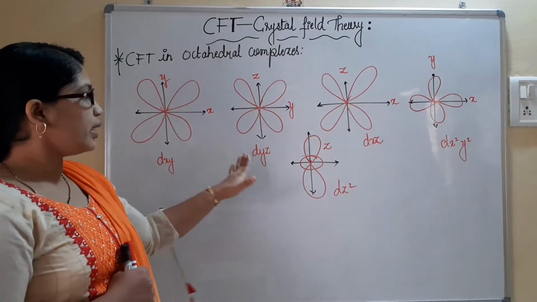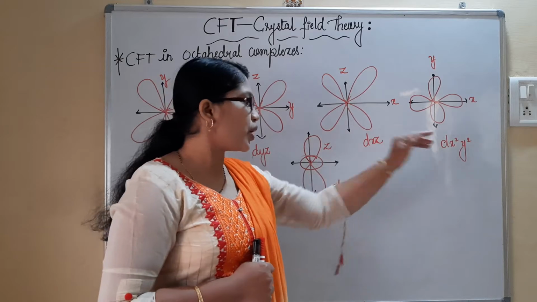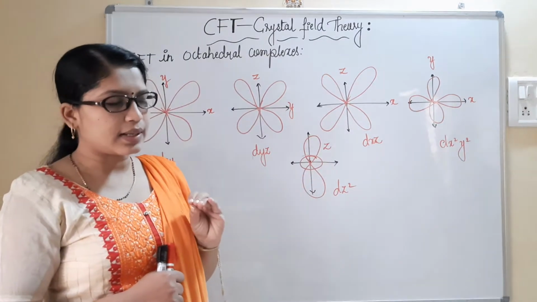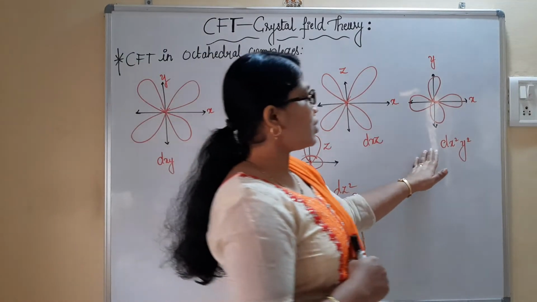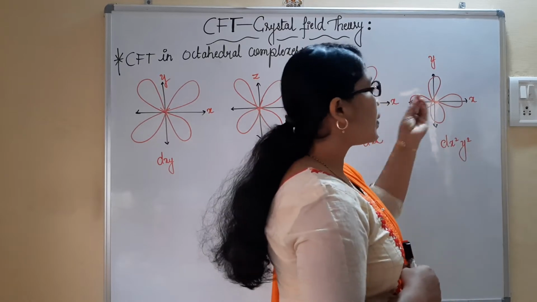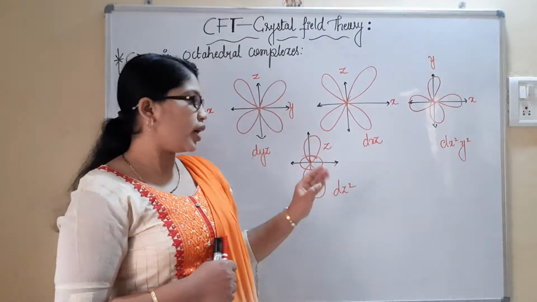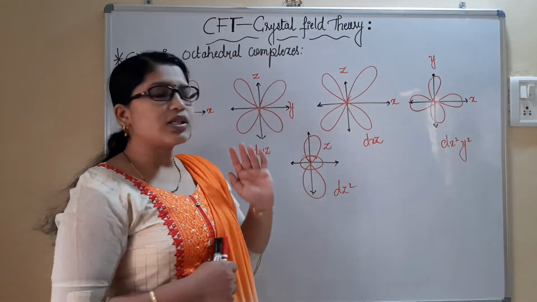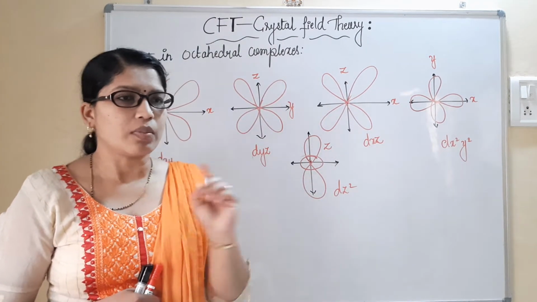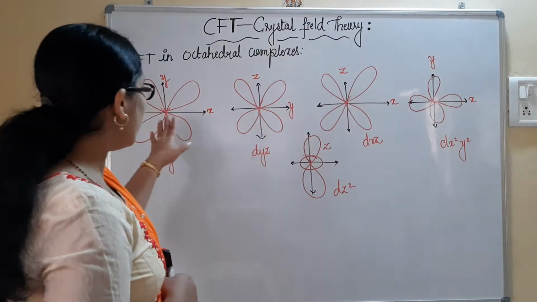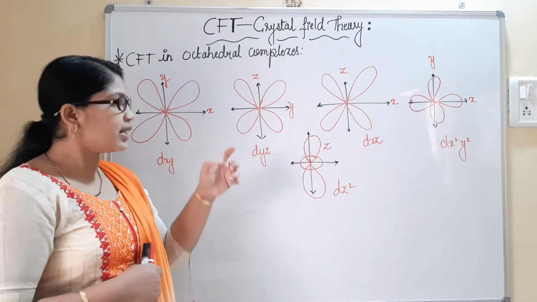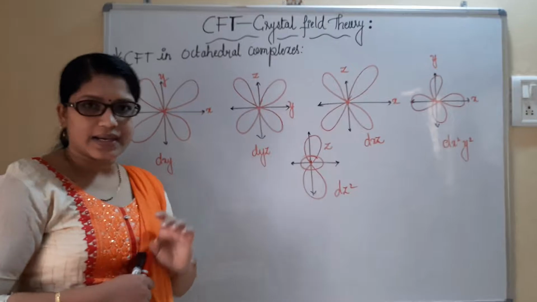So dxy, dyz, dxz, dx square minus y square and dz square are the orbitals. You can see here, in dx square minus y square, orbitals are present along the axis. As well in dz square, orbitals are present along the axis. Do remember this point. And the rest of them have orbitals present in between the axis.